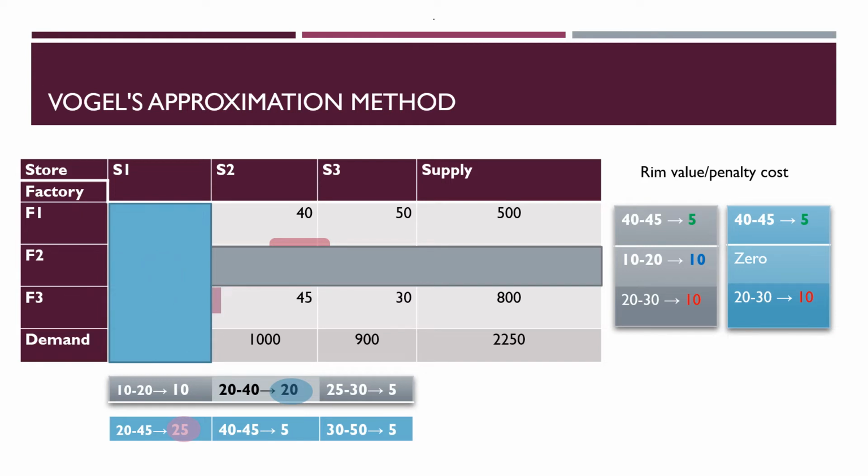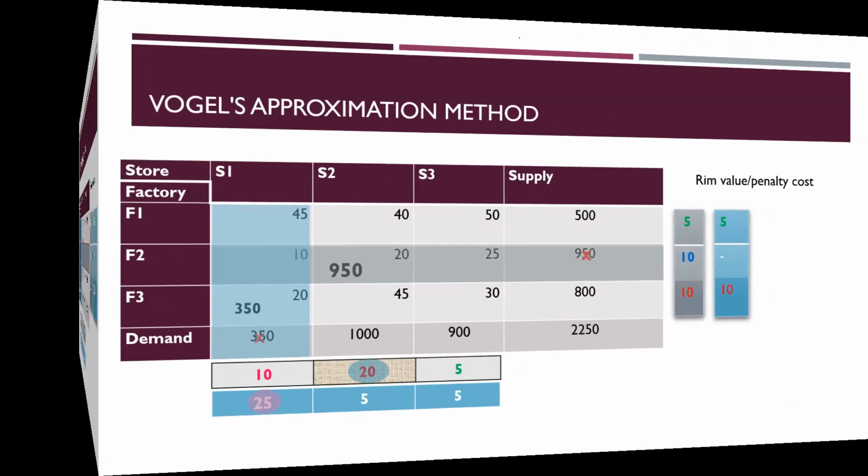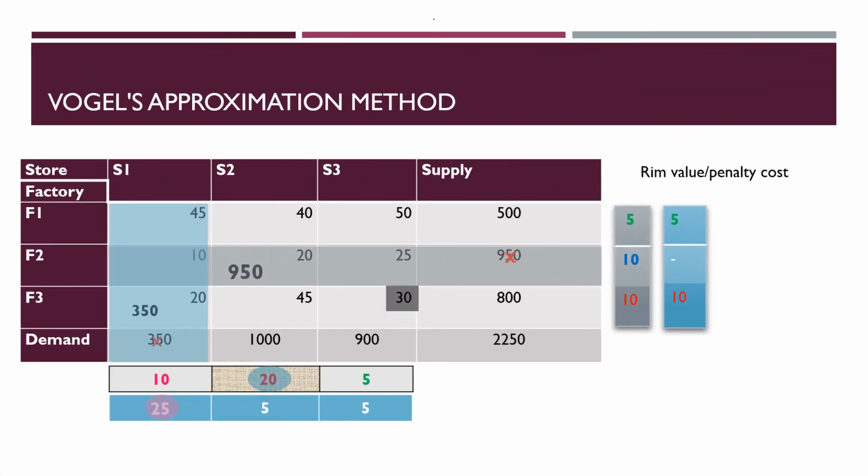Then we can see there are 4 remaining cells. In the 4 remaining cells, we are going to select the next least cost, that is 30. How much quantity are we going to allocate?